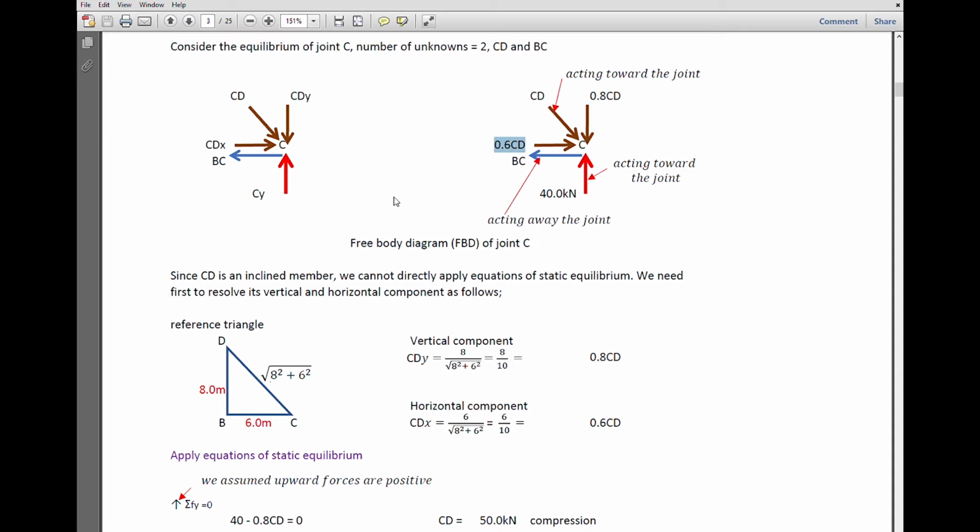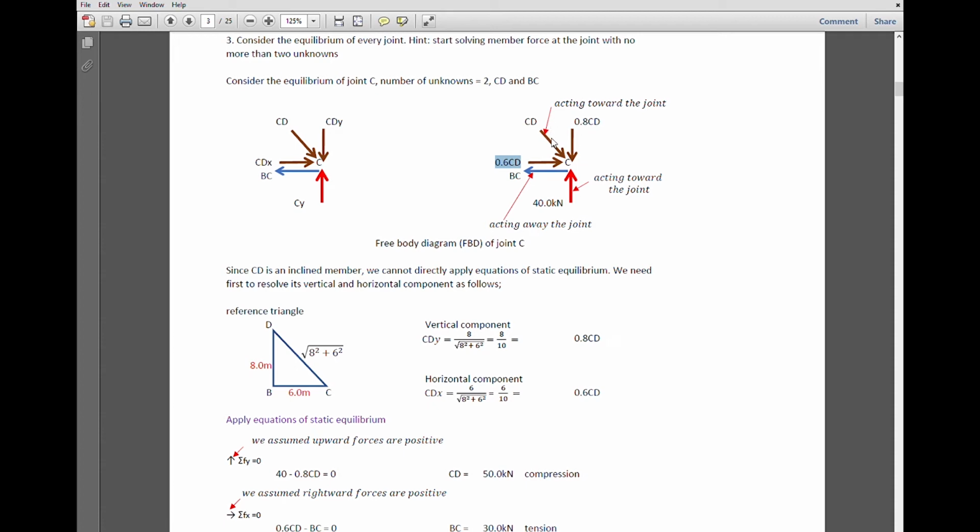Okay, so we assume that CD is acting toward joint C. Anong ibig sabihin yan? So, ina-assume natin na compressive itong CD na ito. Under compression siya. Ngayon, kapag nag-negative yung answer natin after performing the operation, ibig sabihin, it is not acting toward the joint, but it is acting away from the joint.